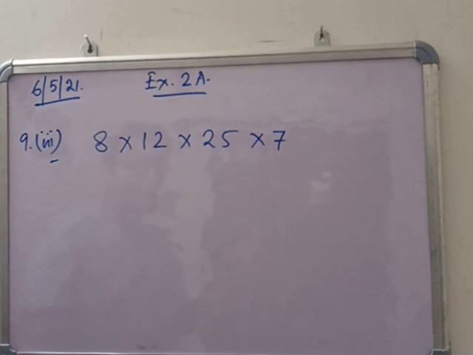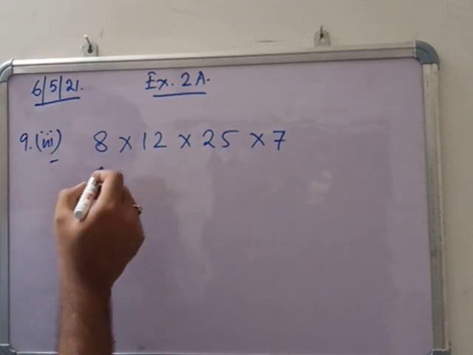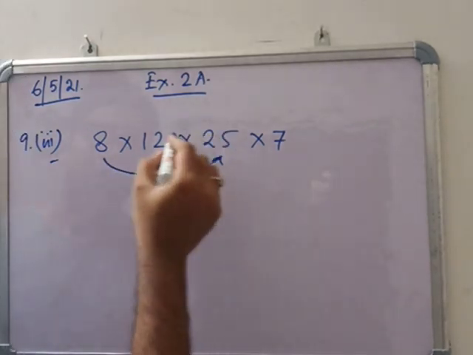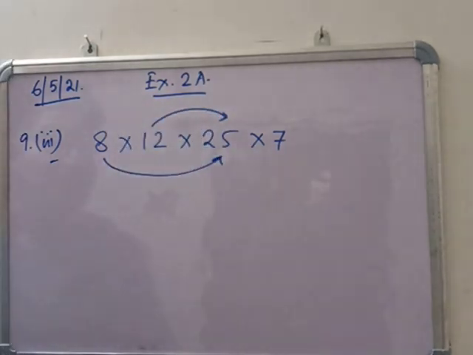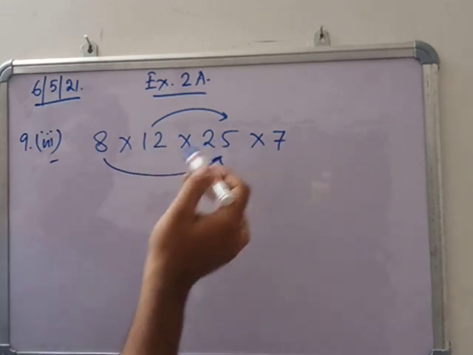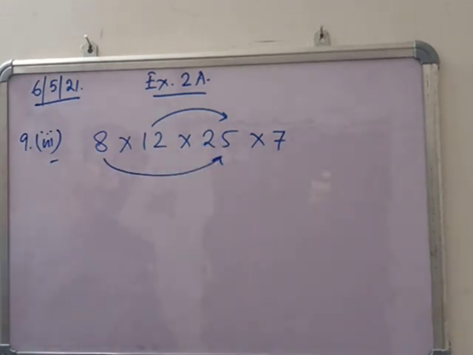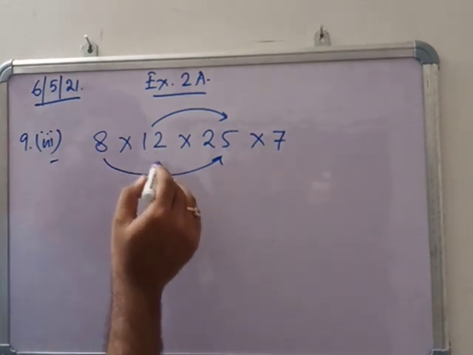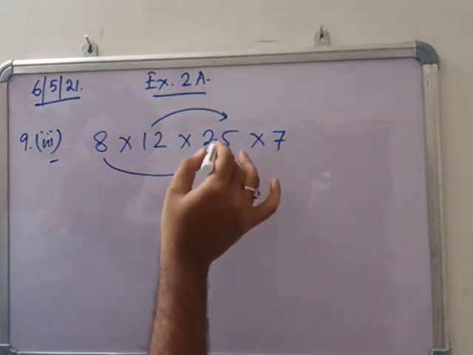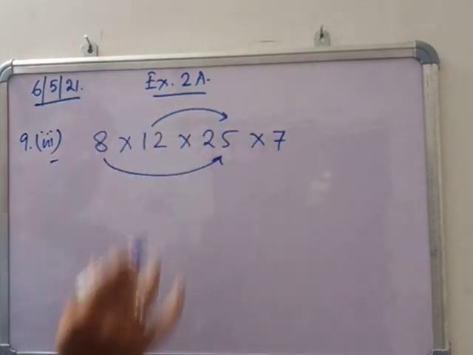Now we can group 8 into 25 or 12 into 25. These two give the hundreds: 8 into 25 gives 200 and 12 into 25 gives 300. You can choose any one of them, but you cannot choose 12 into 7 or 25 into 7 here.